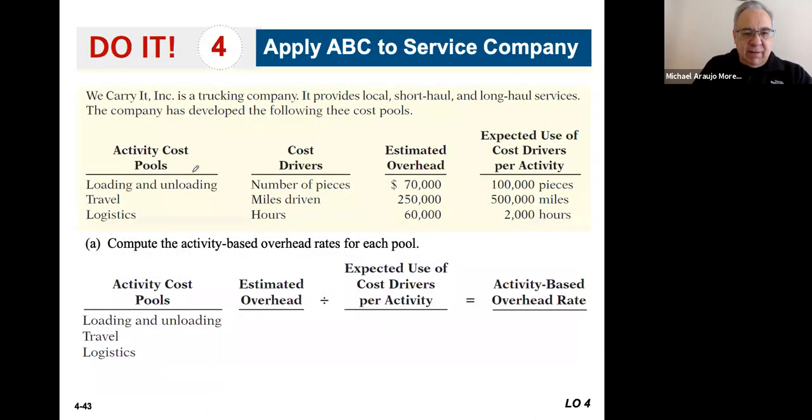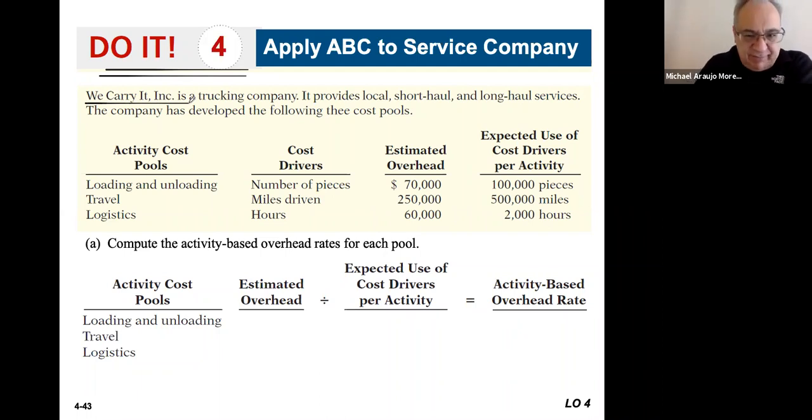And that is that. So here we have a do it exercise on page 153, if you have the book, but here it is in front of you, applying activity-based costing to a service business. We Carry It is a trucking company.